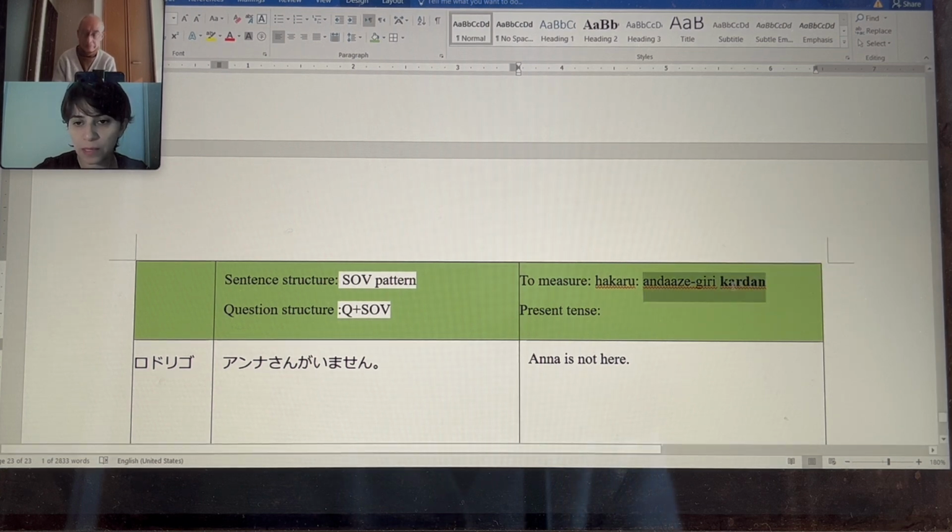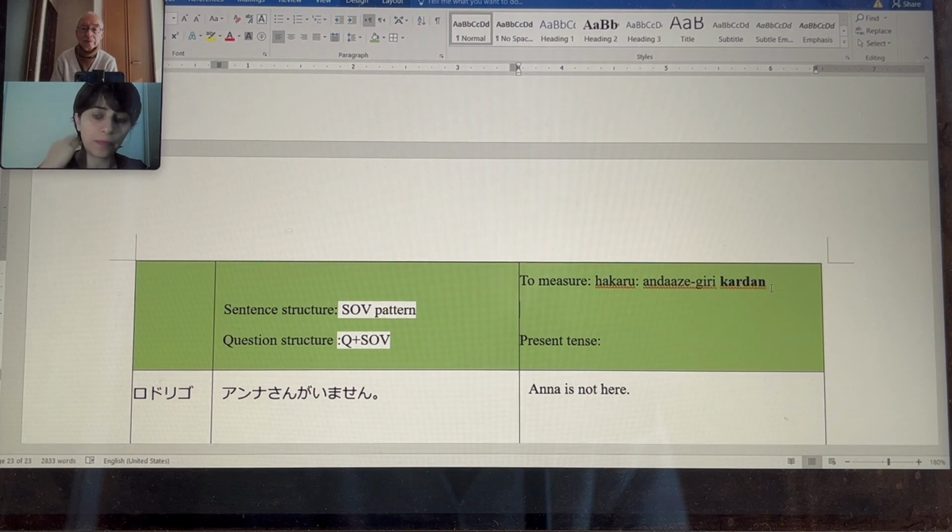This is basically a compound verb, as I said, a noun plus the main verb kardan. So for conjugation, the main verb only is important, not the other part of the verb. So in case of kardan, the present stem is kon.